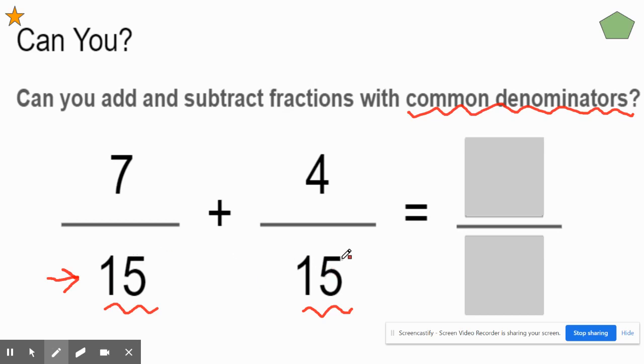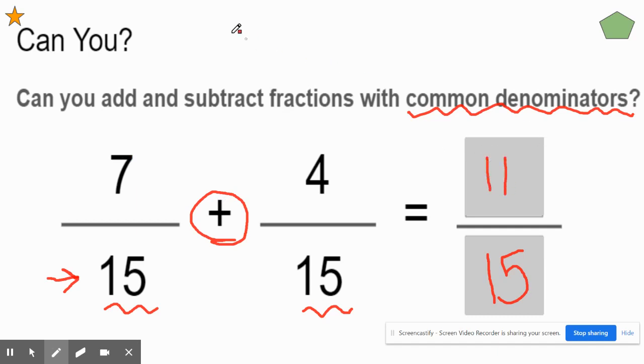Because we have common denominators for adding and subtracting fractions, all you have to do is keep the denominator the same. So if it's 15 in the first fraction and 15 in the second fraction, it will be 15 in the answer. So then the math you're going to do, you're going to be adding, and you just have to add the numerators. So 7 plus 4 will give you 11.